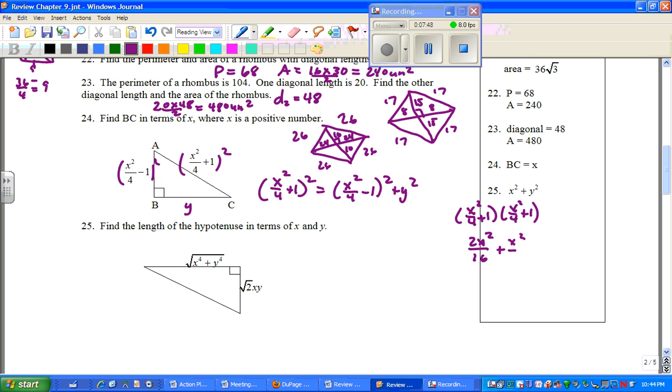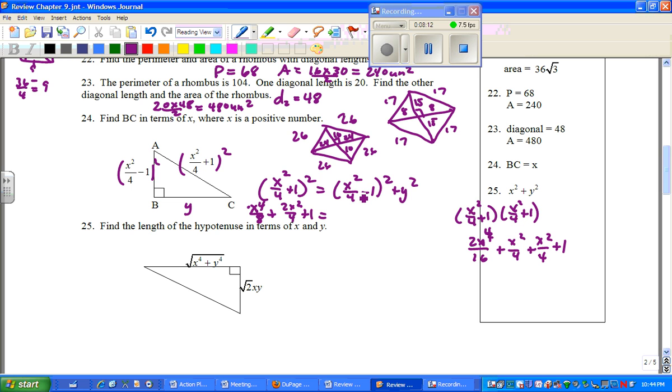And we're adding an x squared over 4 and adding another x squared over 4. And then we're adding 1. So this first piece turns into, the 2 and the 16 can reduce, x to the 4th over 8 plus 2x squared over 4 plus 1.